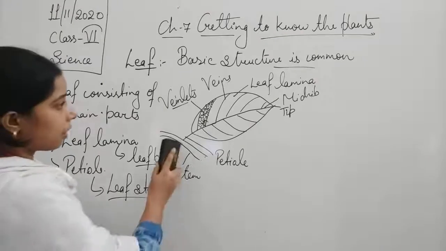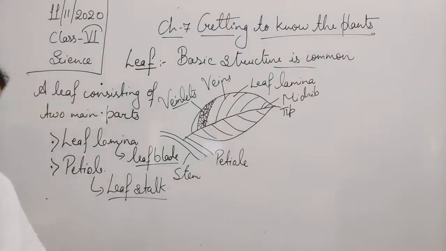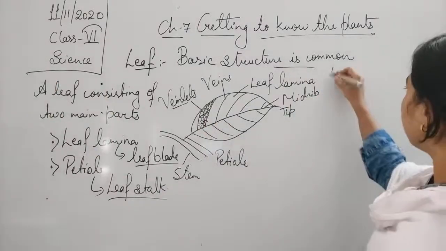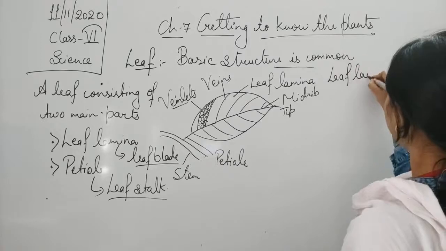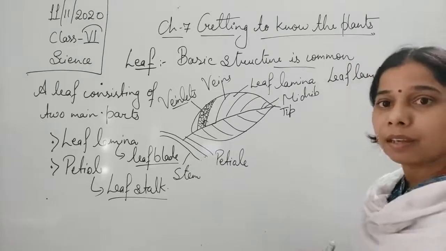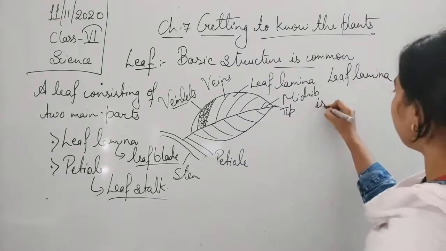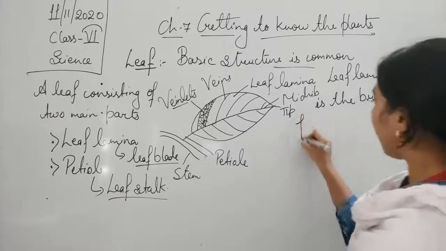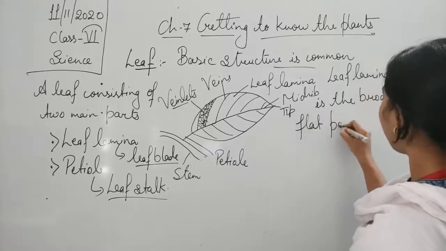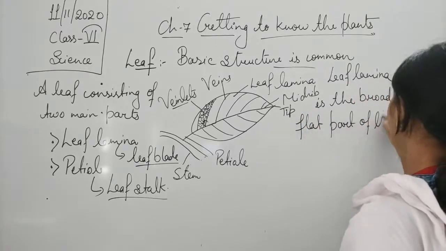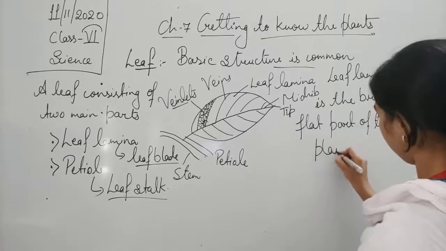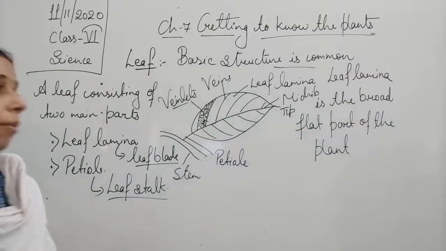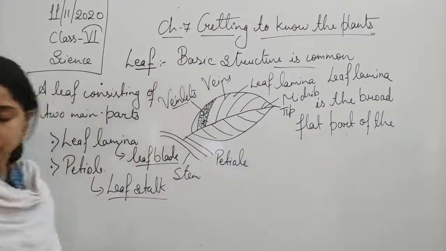So if we see, students, the definition of the leaf lamina, we can write it here that leaf lamina is the broad flat part of the leaf.